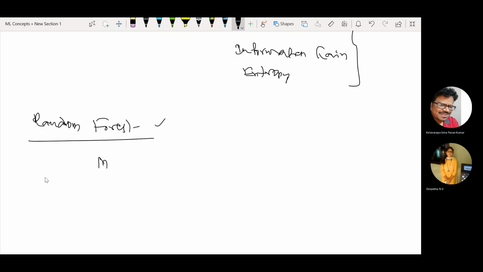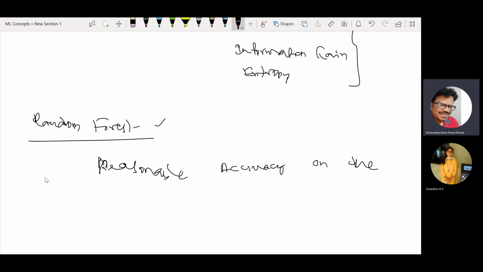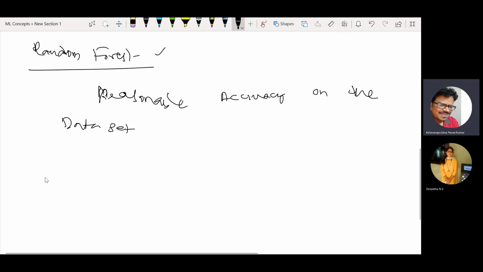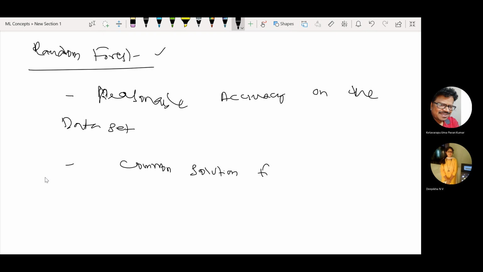It gives reasonable accuracy on the corresponding data set. And moreover, this is a panacea. Panacea means a common solution for all the problems.